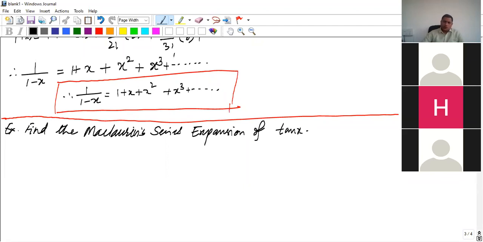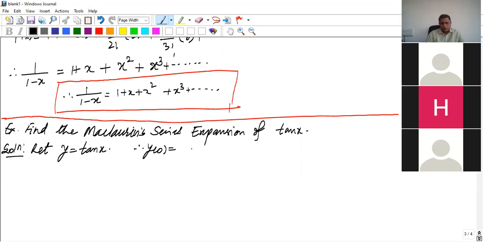So here I'm just going to change the notation from f to y. Let y is equal to tan x. Then what will be the value of y at 0?